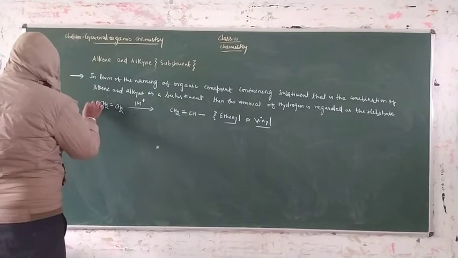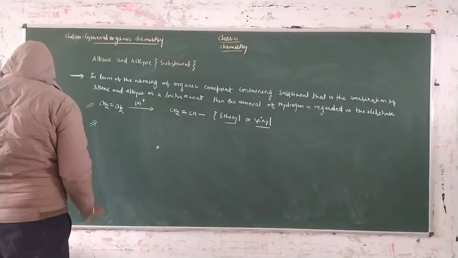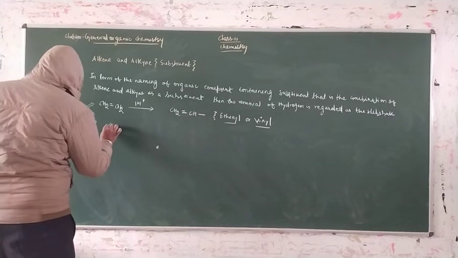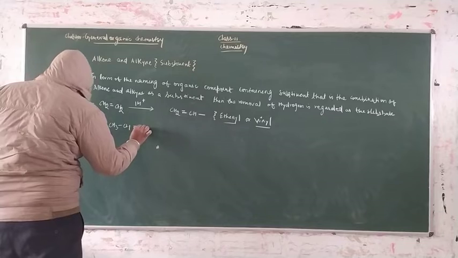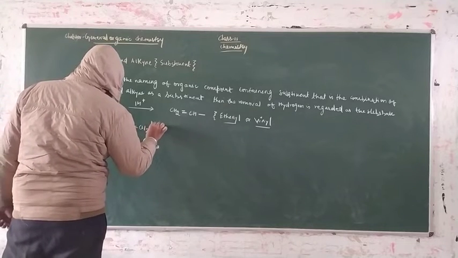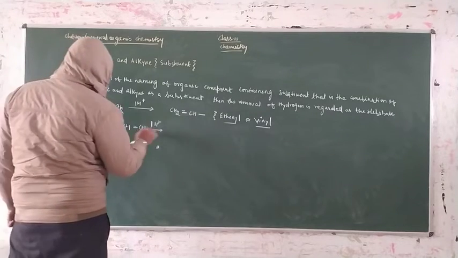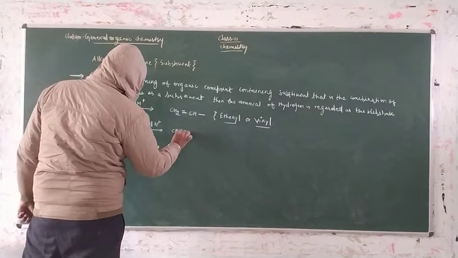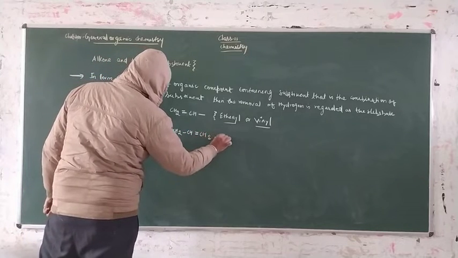Again we take up the second one. This is CH3-CH=CH2. After removing one hydrogen from this, we have prepared this formation, CH2-CH=CH2.